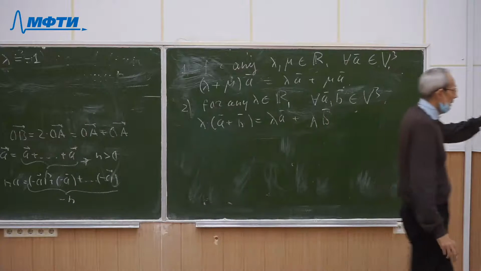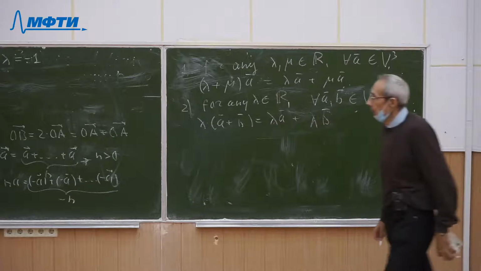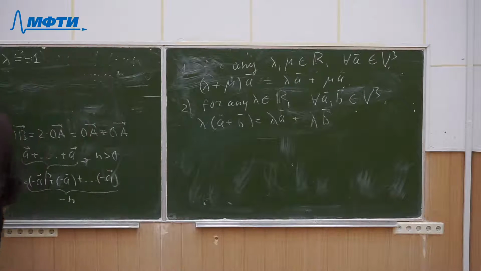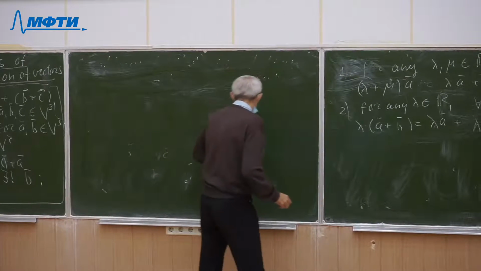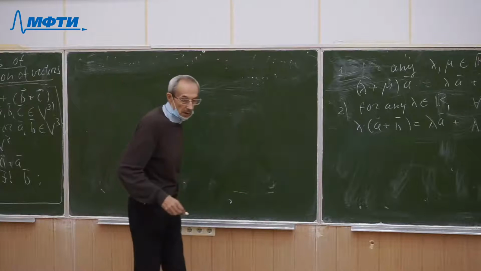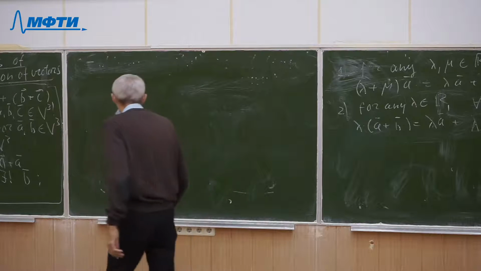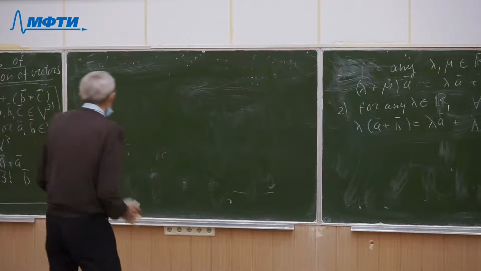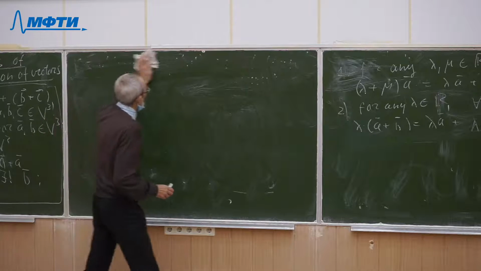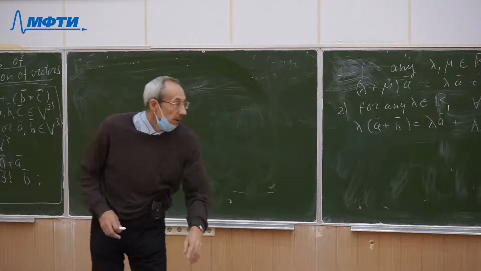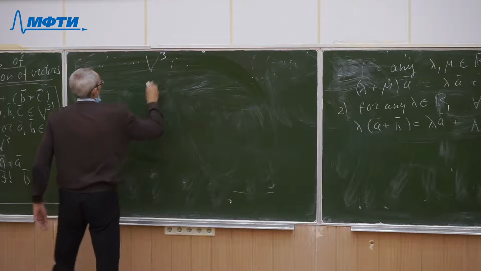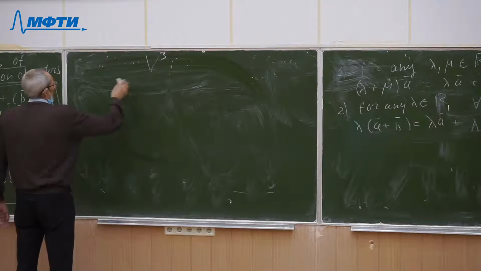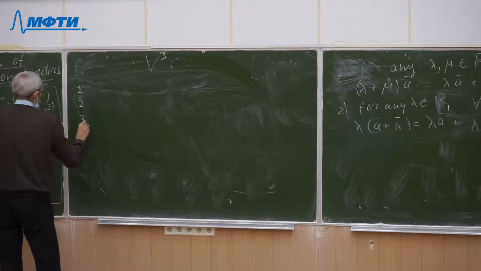Summarizing these properties, we obtain the following 8 properties. Let's write these properties and we obtain the following collection of the properties of elements of V of 3. Eight properties.